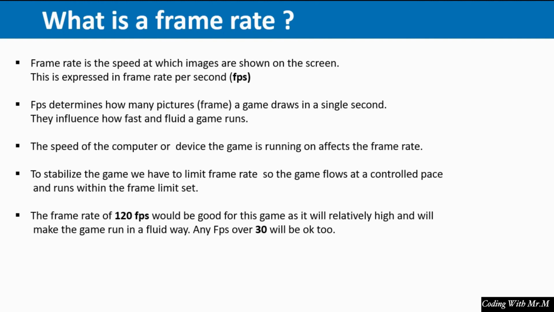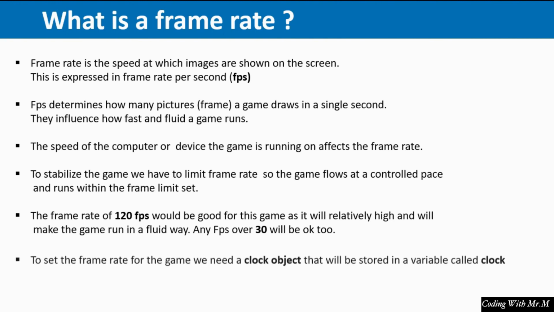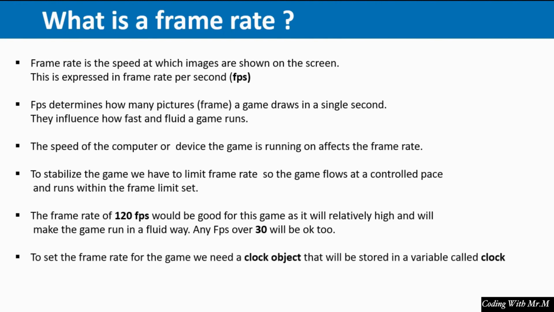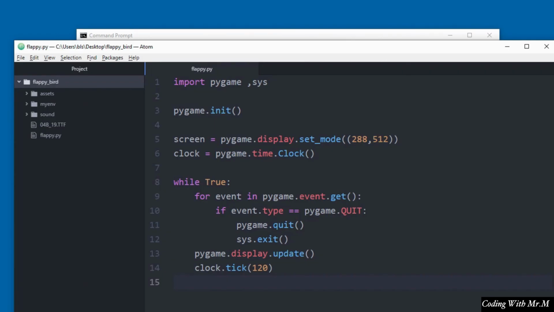To set the frame rate, we need a clock object, and the clock object is going to be stored inside a variable called clock. On line number 6, I have created a variable called clock, which is going to store the clock object, which is pygame.time.Clock.